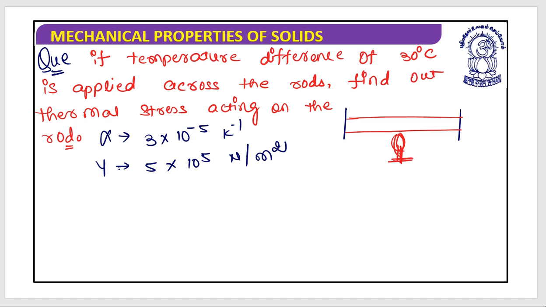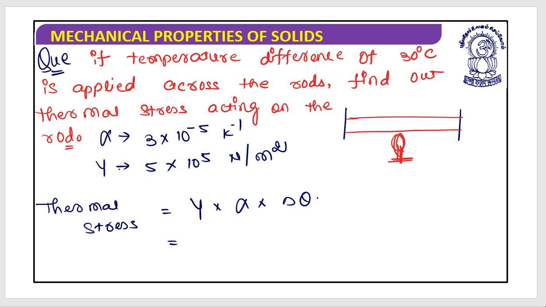To find the thermal stress, it is equal to Y multiplied by alpha multiplied by delta theta.